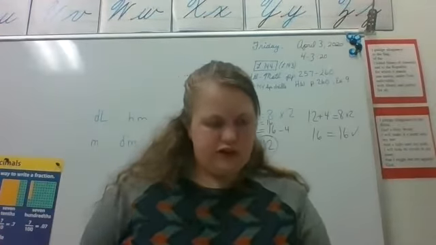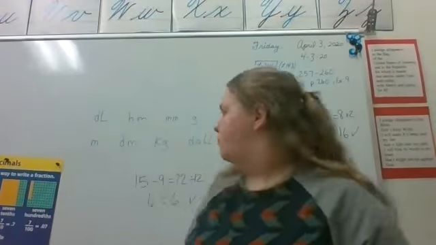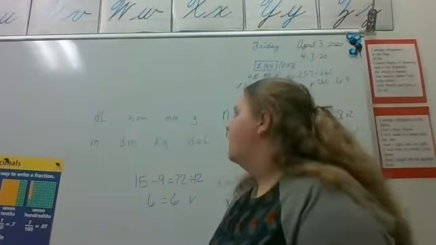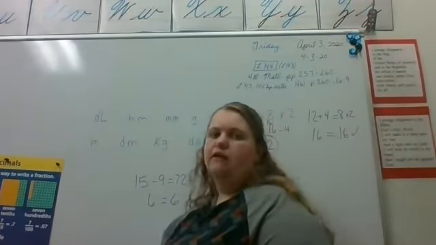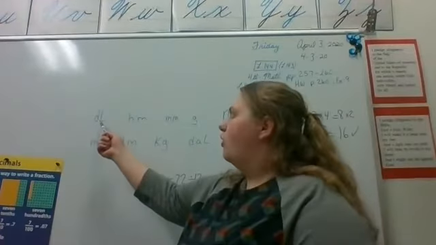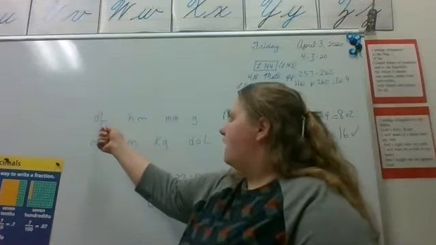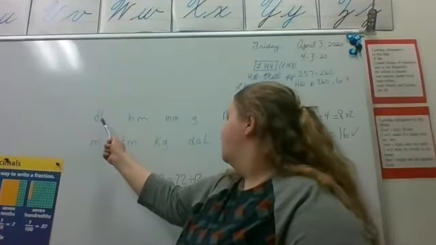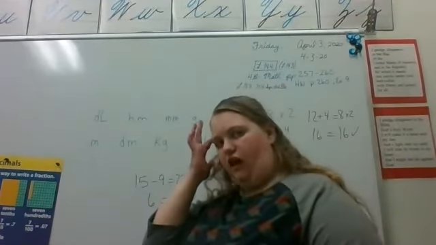Okay, before I let you go on this, we are gonna take a look at some of these. So DL, okay? Liter is always a capital L. It's the only one like it. So anytime you see the L, you know it's liter, okay? This is deciliter, okay? Deciliter is just DL.